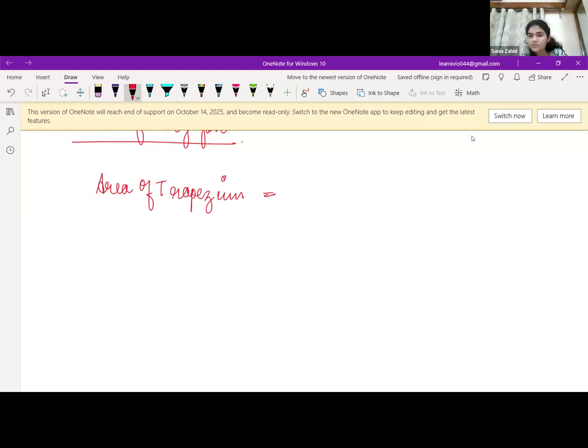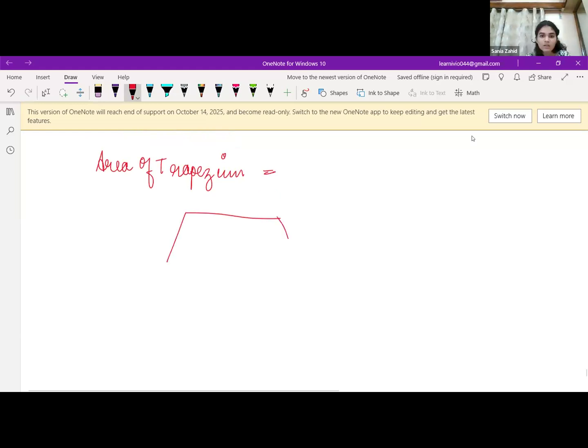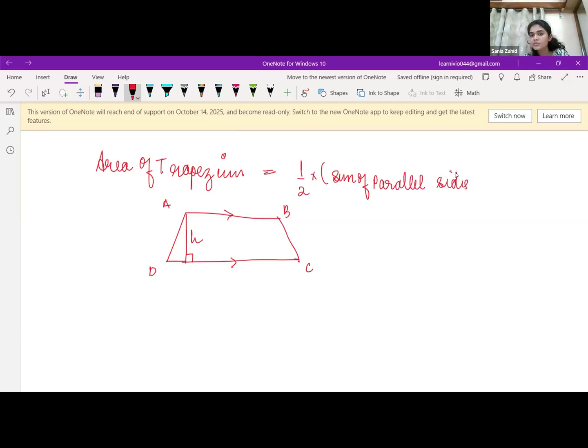Okay, see, this is what a trapezium looks like. So this and this are the parallel sides. If I name it A, B, C, and D, and this is the height, the perpendicular is the height. So what is the area now? Half into sum of parallel sides into height, right? I made you write it in the last class. This is the formula for area of a trapezium.